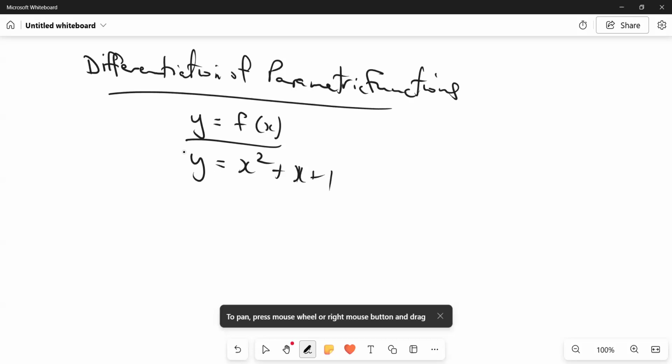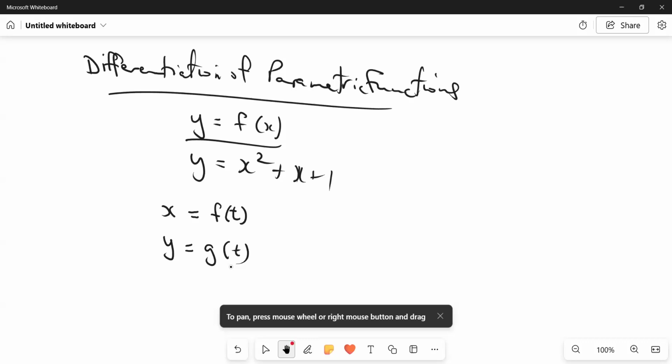But you will find that at other times, it is better to describe a function where the x coordinate is defined in terms of another variable, which we'll call a parameter. And then you have y also being described in terms of the parameter t.